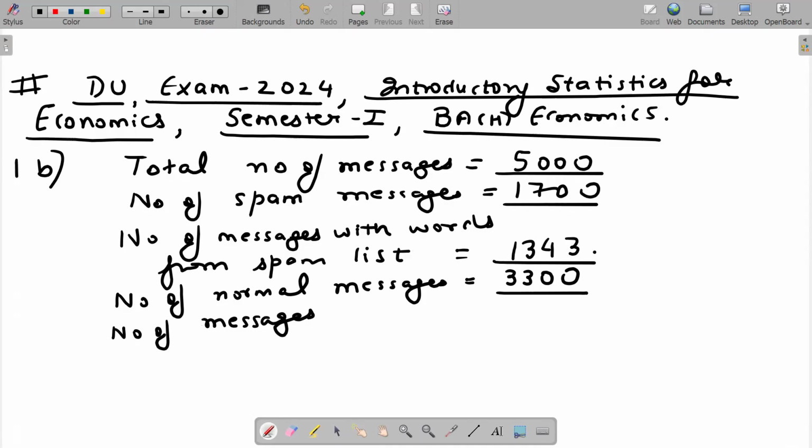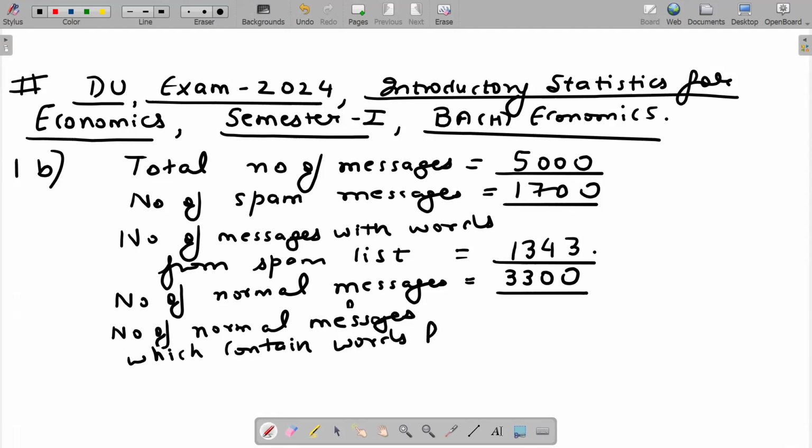Number of normal messages which contain words from the spam list: how many normal messages contain words from the spam list? 297.